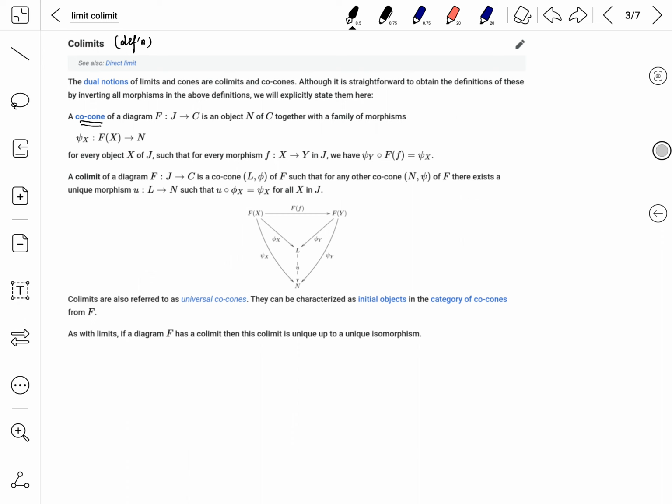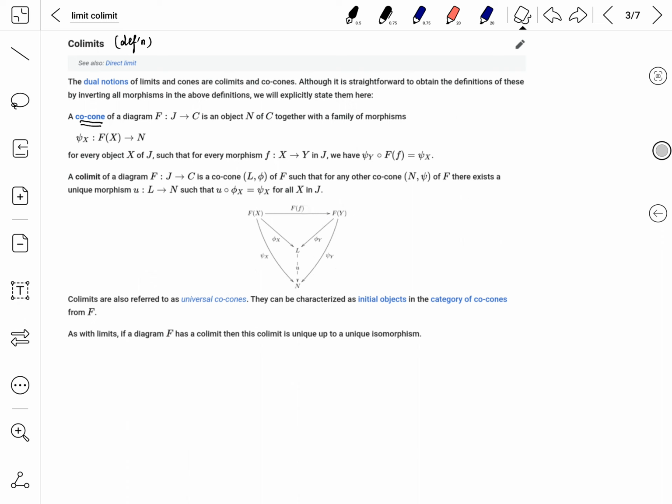Your diagram is still from J to C, but this family of morphisms changes direction. These morphisms map into your object N, which makes the diagram commute, and then this N is called a cocone. More precisely, this N together with the morphisms is called a cocone. And now the colimit is again the object satisfying a universal property.